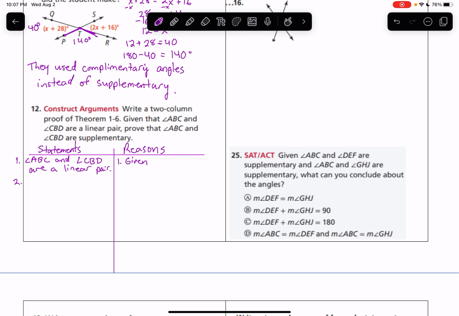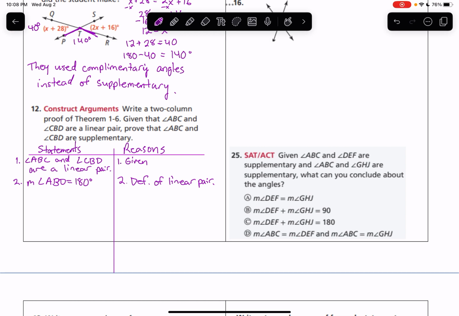I could make this a longer proof, but I'm going to go into what I would think logically could be a next thing we could say, which would be that the measure of angle ABD is equal to 180 degrees. And I know that because my first step said that they were a linear pair. And I know that by the definition of linear pair, that's 2 angles that together make 180 degrees. So that's the definition of linear pair.